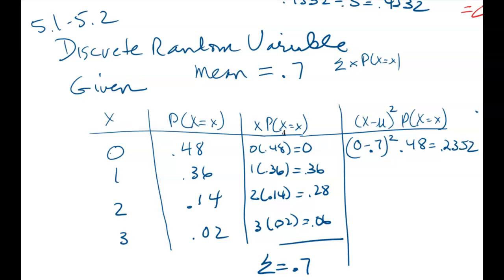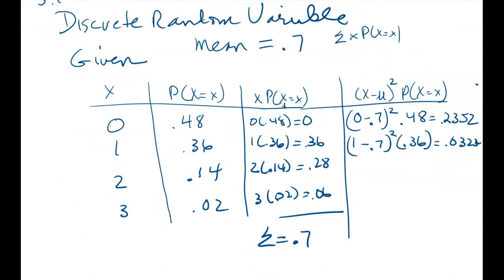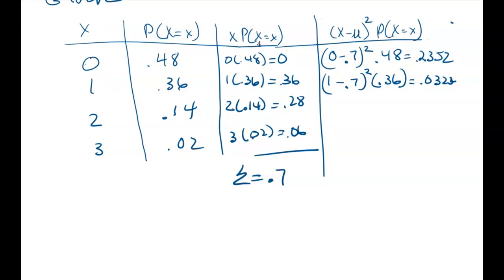Now for the second one, my x is 1: 1 minus that mean squared times the probability of that happening, 0.36. Multiply that out. The next one is 2 minus 0.7 squared.